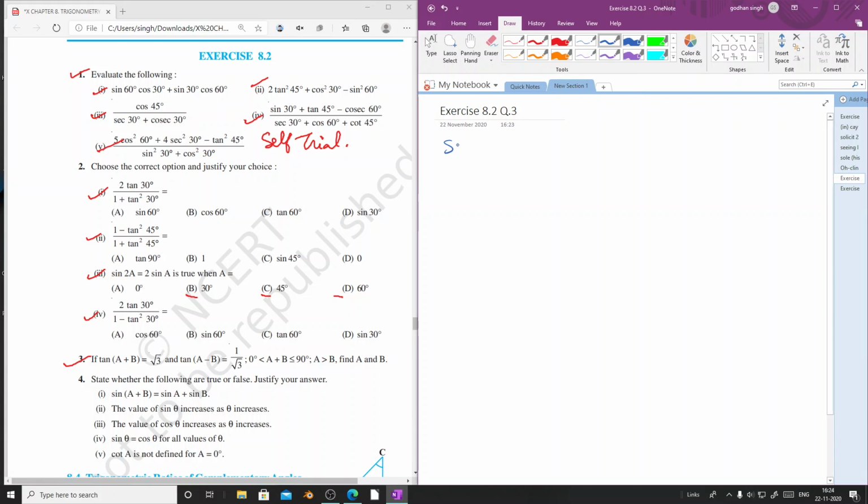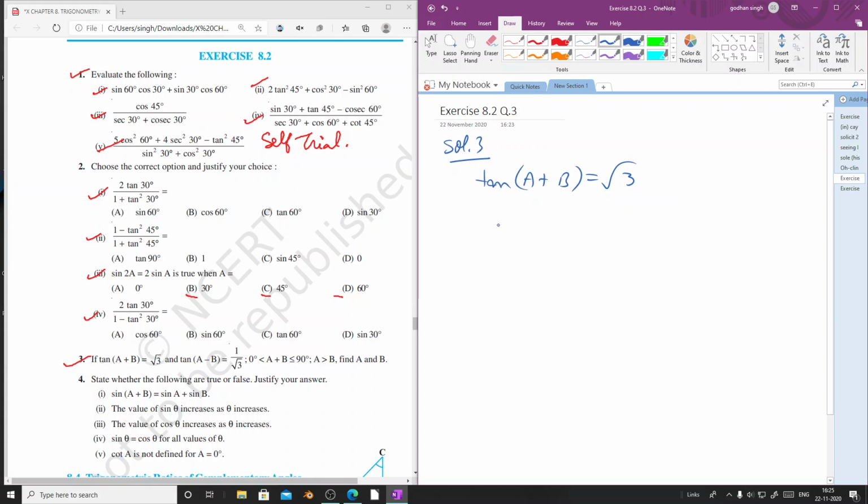So the solution of the third one, question number 3. Tan of A plus B equal to root 3. It is also given here that A and B, their total sum is less than or equal to 90 degree. That means A and B both are acute angles.